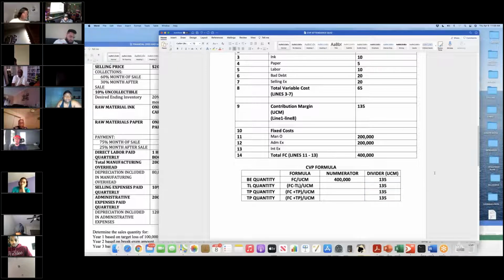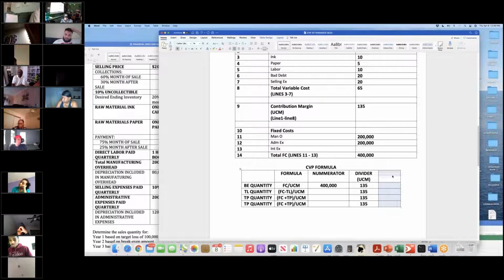So 135 into 400,000 gives us a break-even quantity of approximately how much? 2,963, rounded.